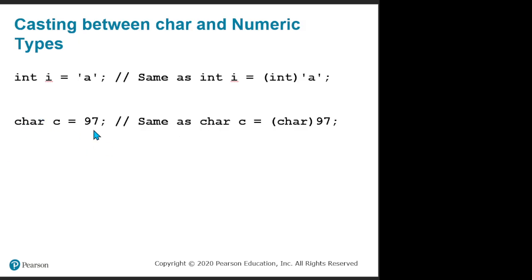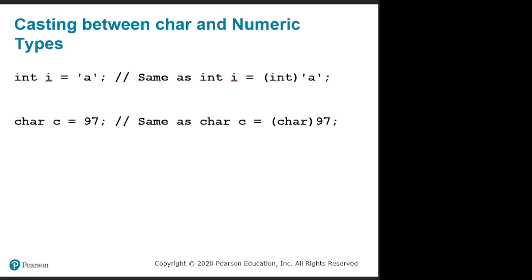And char c equals 97 will turn the number into the character. So Java has casting automatically, and to the computer it is an integer. It is a byte. And Java will transfer back and forth between them.